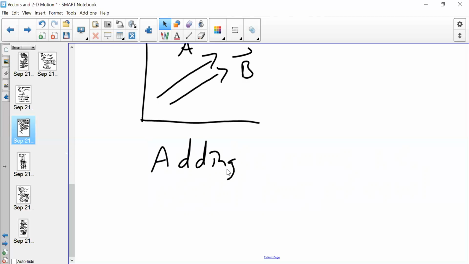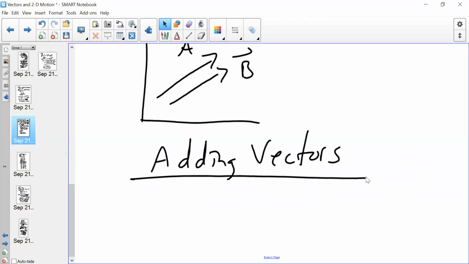And I think that'll probably be the close for us today, and then we'll continue with that more next time. So if we want to add vectors A and B, we have to be careful about it. They don't add like numbers. They can sometimes.